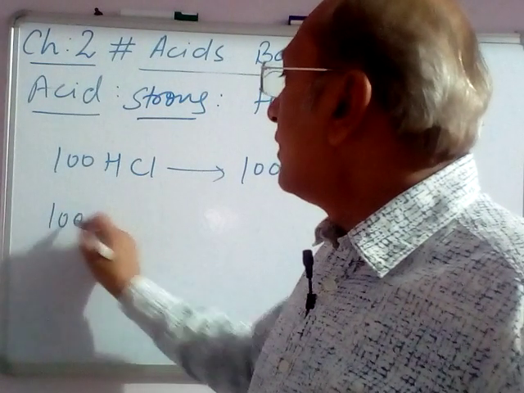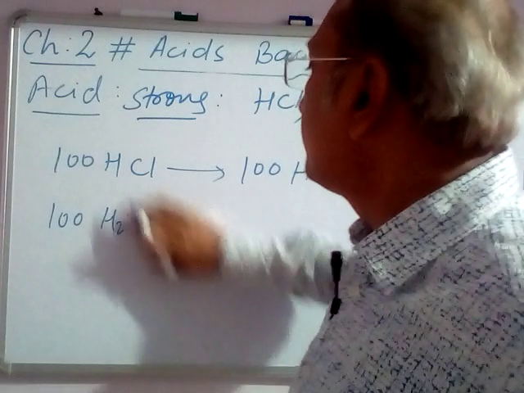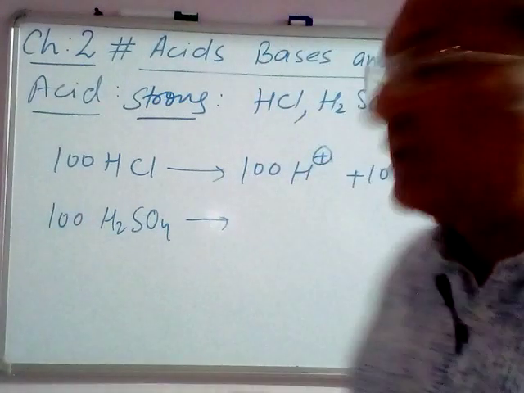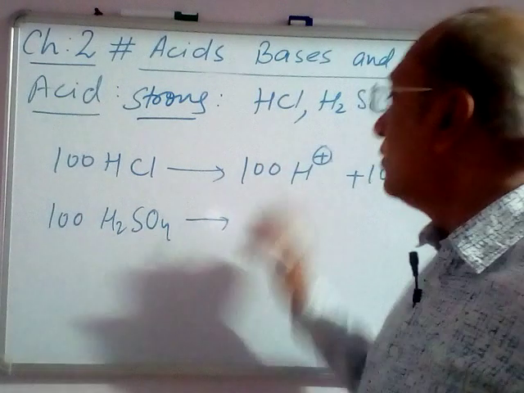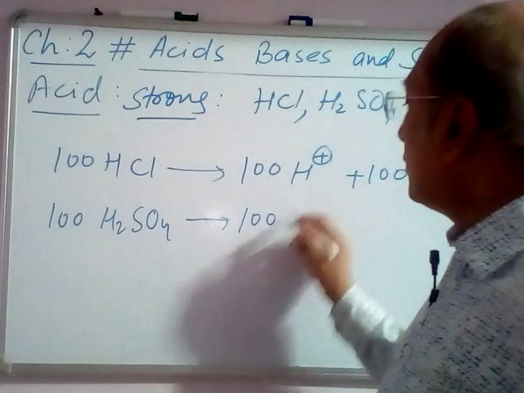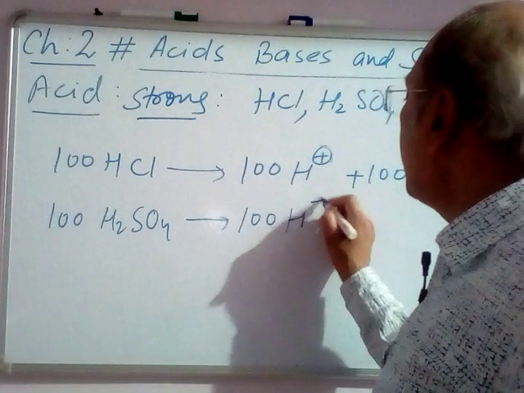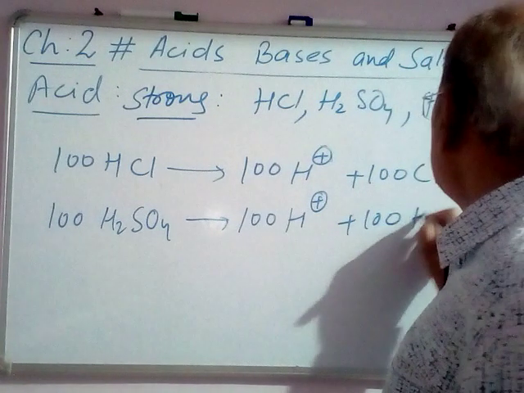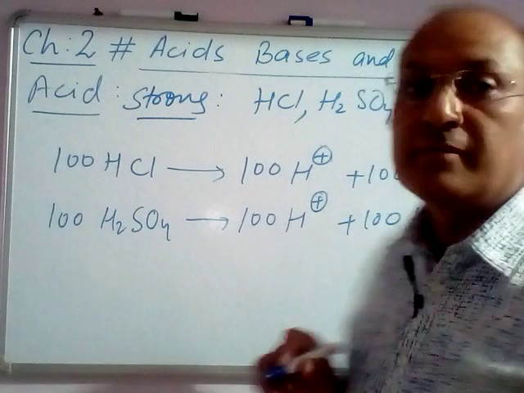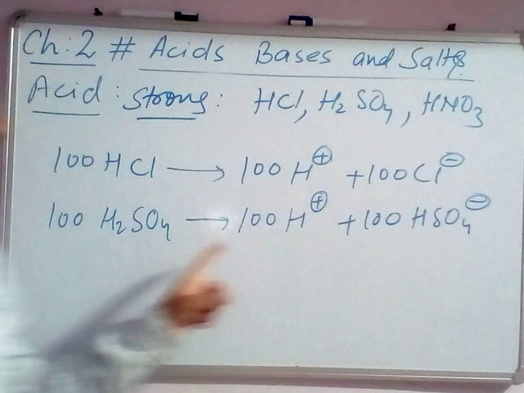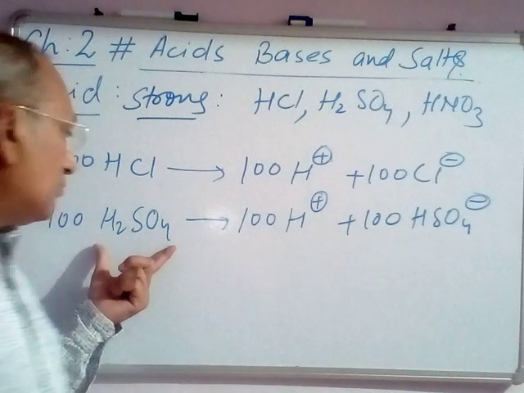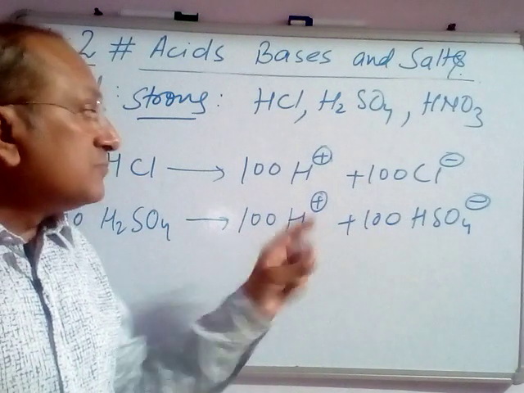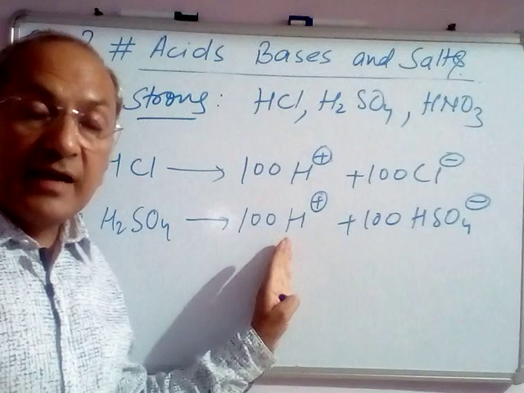Second example, H2SO4. 100 molecules of H2SO4 we have taken, and these 100 molecules break down into 100 H plus ions plus 100 HSO4 minus ions. That's why it is called a strong acid, because 100 molecules are completely divided into cation and anion.